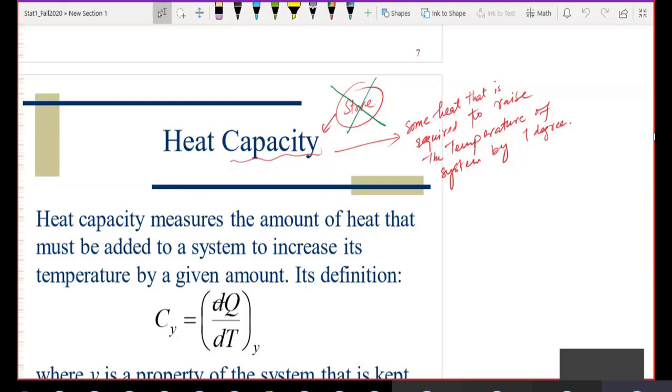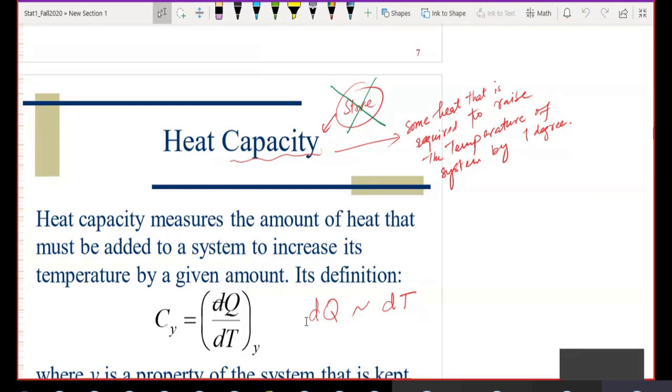It is the amount of heat that you require to increase the temperature. I write it like this initially in the beginning, and then I make it an equation. So this is proportional to the change of temperature, somehow directly related to it.